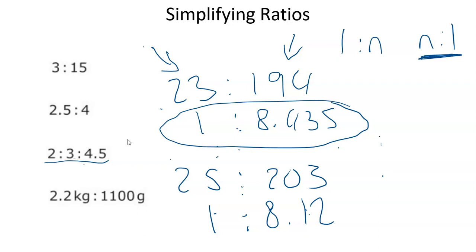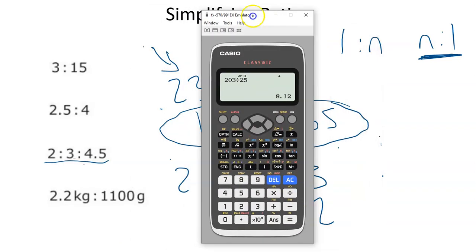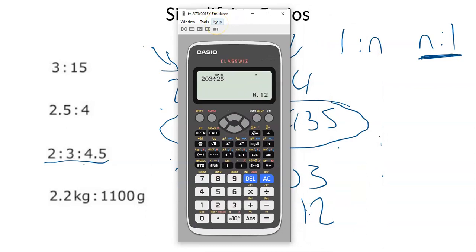Now, you can cheat slightly. You can simplify ratios down like fractions. Because it's the same maths, you can get your calculator to do it, just be careful. So 3 to 15 as a ratio is definitely not the same as 3 over 15. Definitely not, because a fraction is how much out of a total.